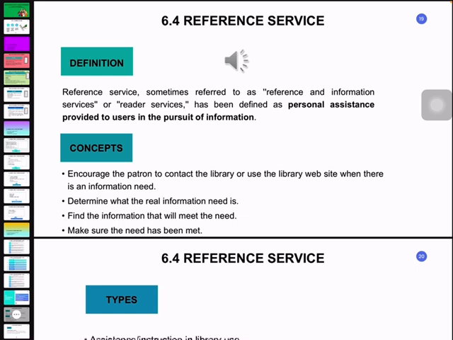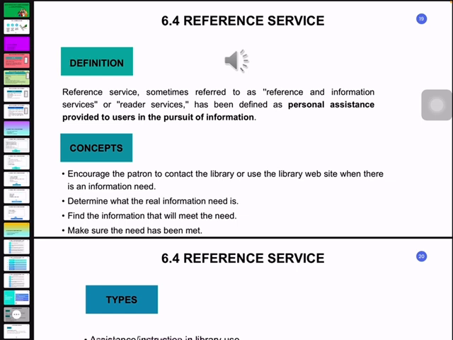It is the personal assistance provided to users in the pursuit of information. So you know, reference service is a personal service, a one-to-one service between a librarian and the user in order to fulfill the user's information needs. The concept of reference service encourages the patron to contact the library or use the library website when there is an information need. Kenapa kena ada reference service ni?